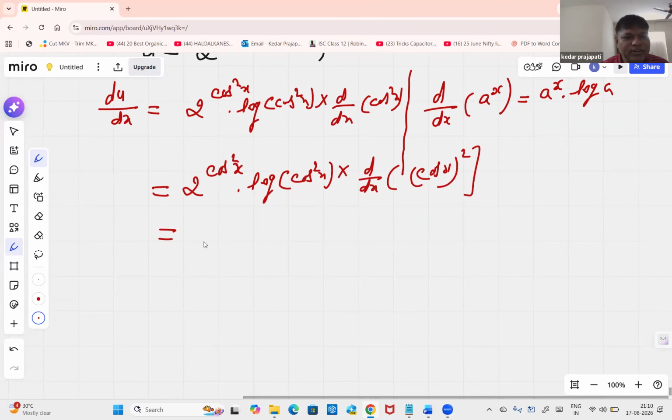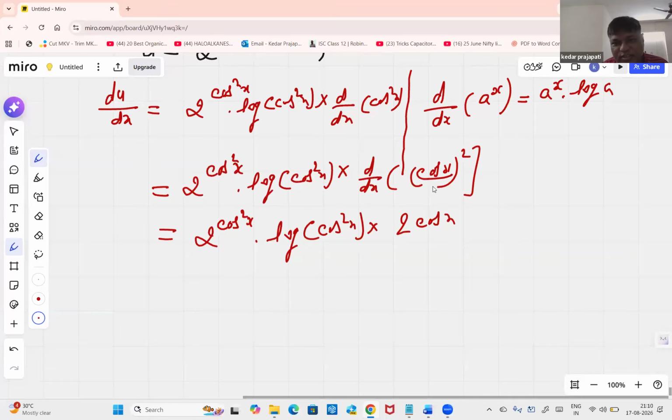This can be further written as 2 to the power cos square x into log 2 into 2 cos x, and then the differentiation of cos x is minus sin x. Okay.